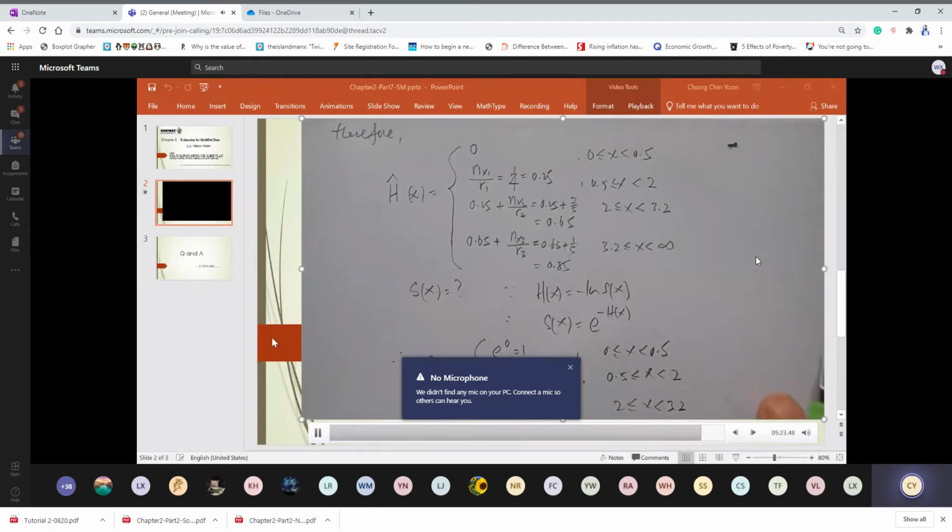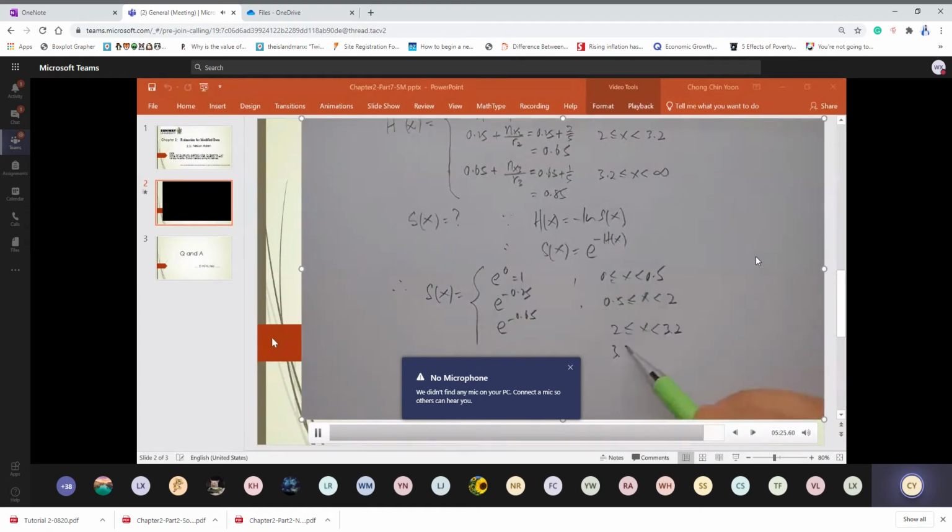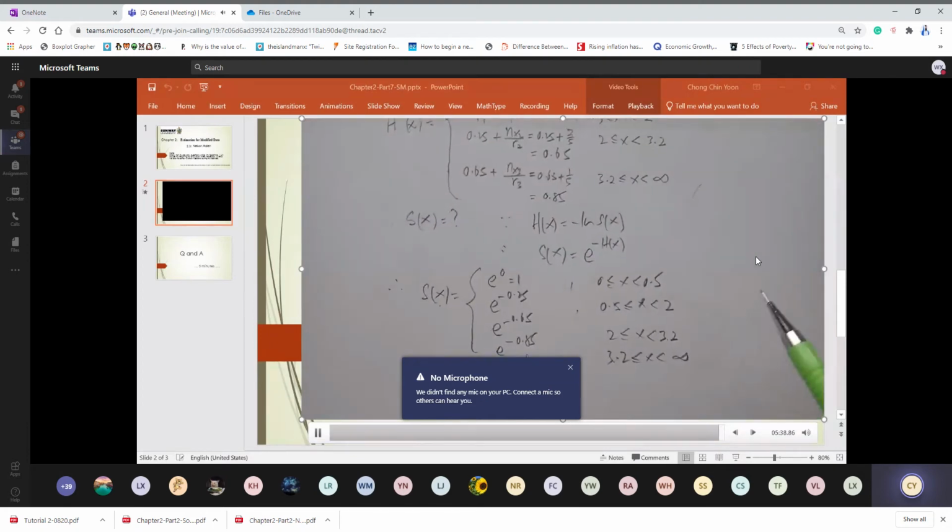And similarly, for the last interval, that is from 3.2 to infinity, we will have exponential to the power of negative 0.85. So this is the result.